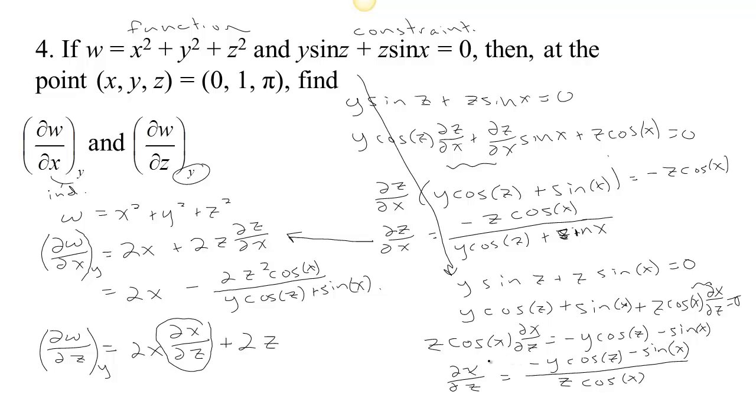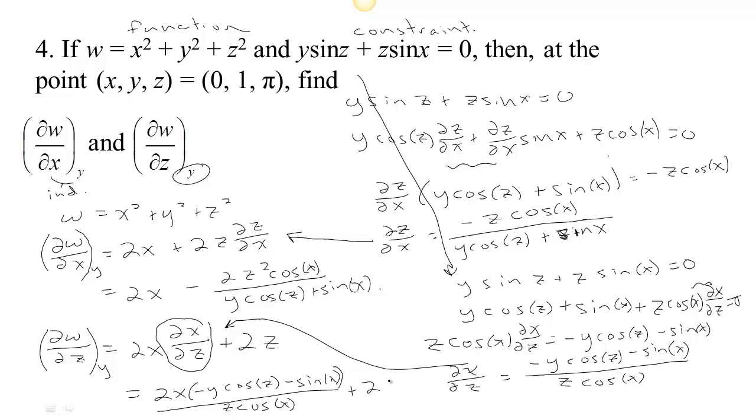That can now be substituted in here, so we have 2x times minus y cosine z minus sine x, all of that over z cosine x, plus 2z. So we've got our derivative of w with respect to z when y is also independent.